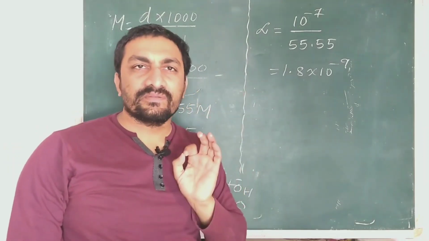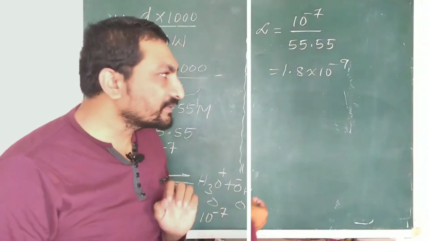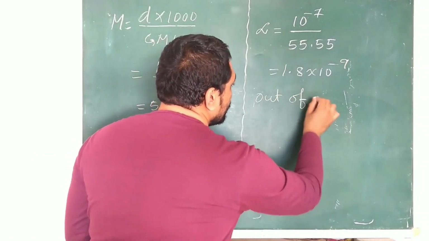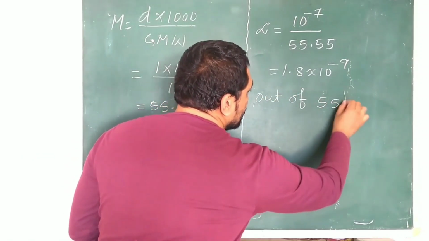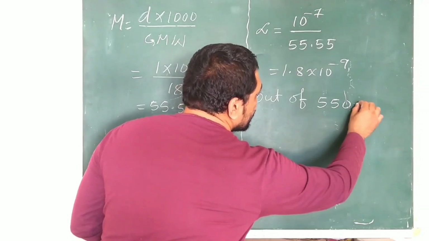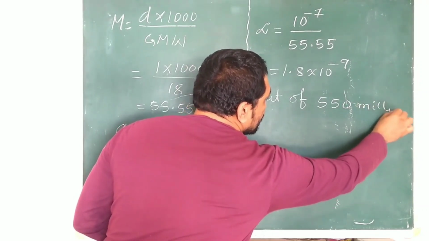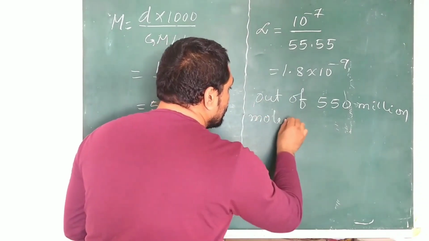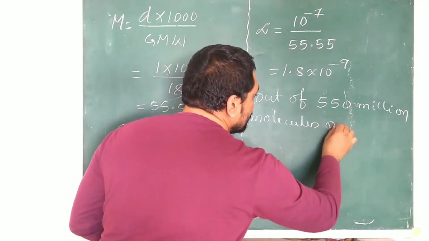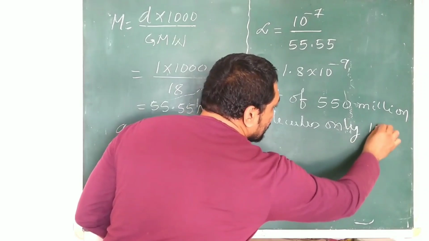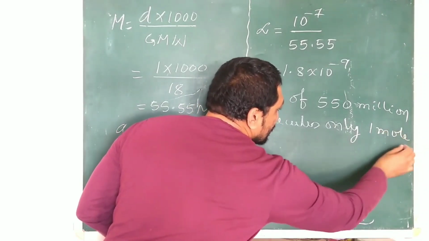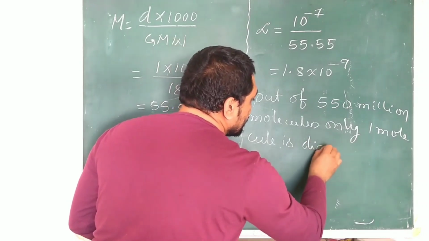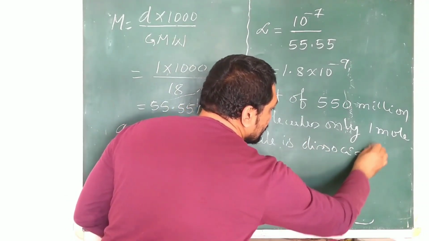So from this we can conclude that out of 550 million molecules, only one molecule is dissociated.